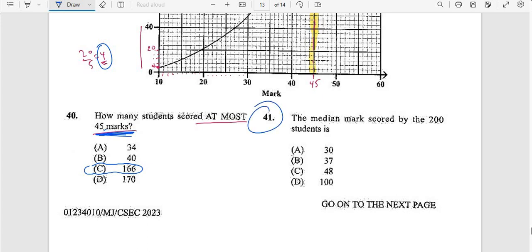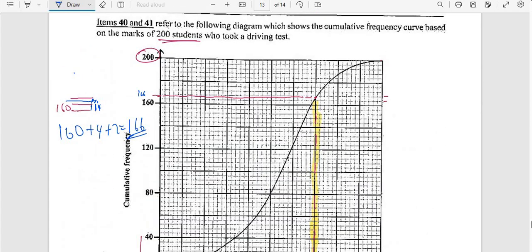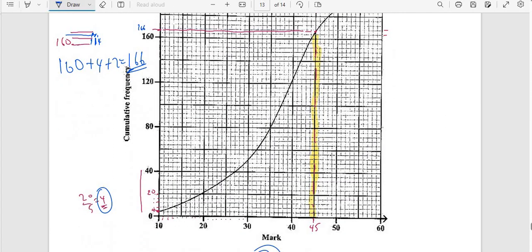The next question: the median mark scored by the 200 students. So we'll look for the median mark. We have 200. The median will be found by finding half of that 200, which is the 100th student. So we're looking for the 100th student. This is 80.